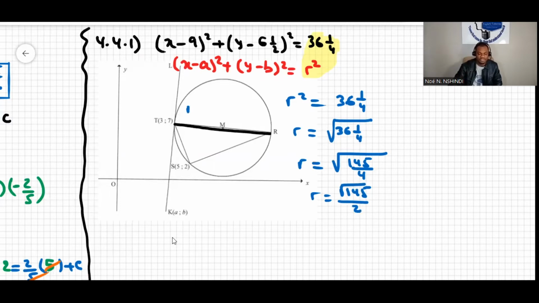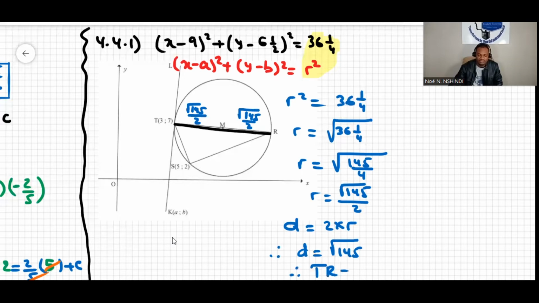So this part is root 145 over 2, and the other side is also root 145 over 2. If I need to find the diameter, then the diameter will be 2 times r. Therefore, the diameter TR is the square root of 145.